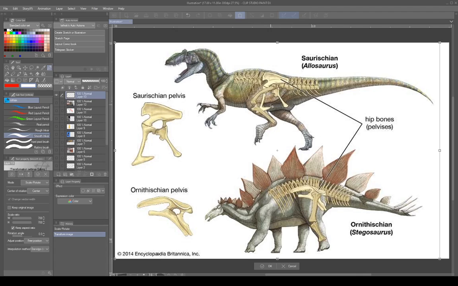Yeah, I'm not gonna lie, I'm genuinely unsure of what all is going on there. But there are different styles. These are two very different styles of pelvic formation, in dinosaurs even. So look up the species you're trying to draw, and refer back to that.